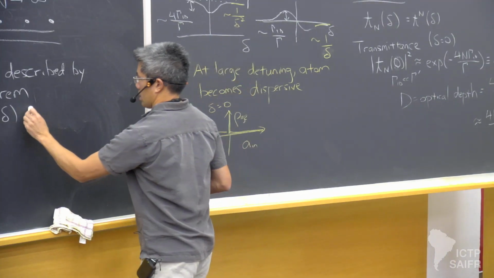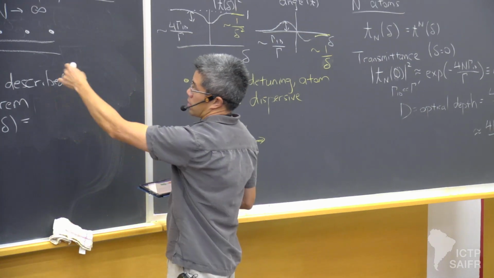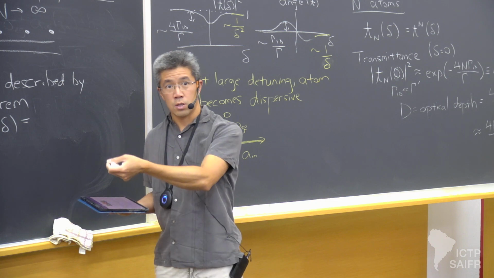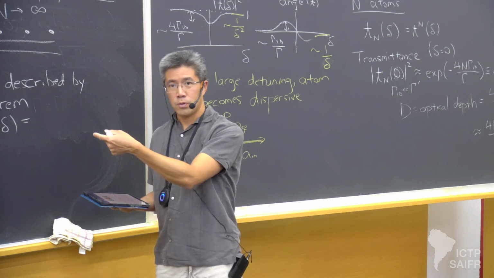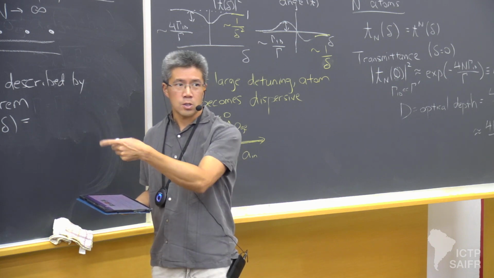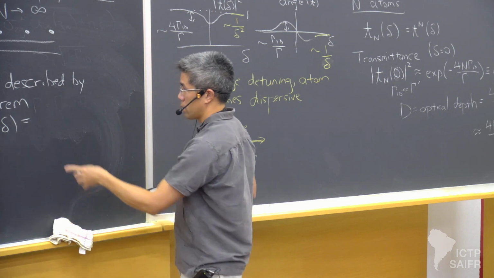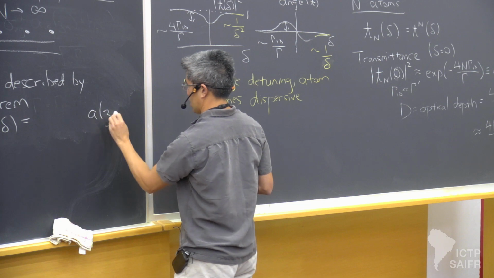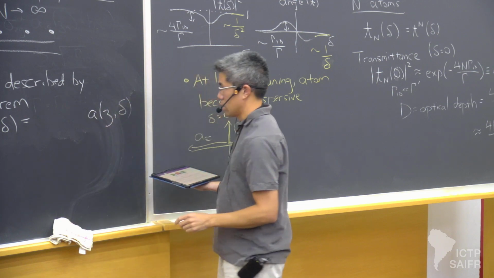So again, the fact that it's on a lattice doesn't change the complexity. I know the transmission of one atom, and because my field has to keep going, I can just exponentiate this result. The only point of Bloch's theorem is to rewrite the solution in a certain format.